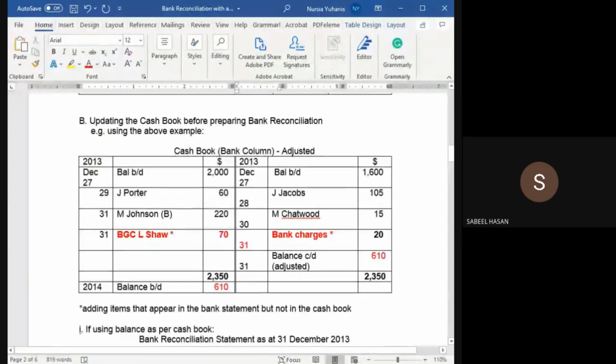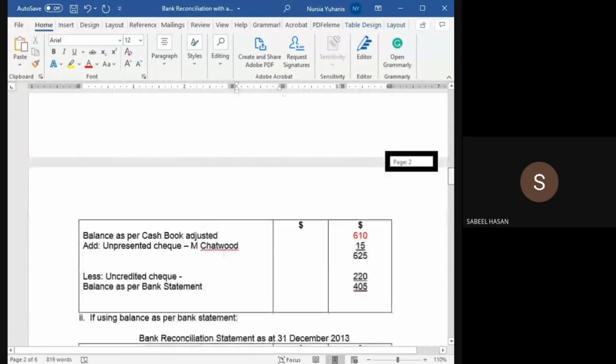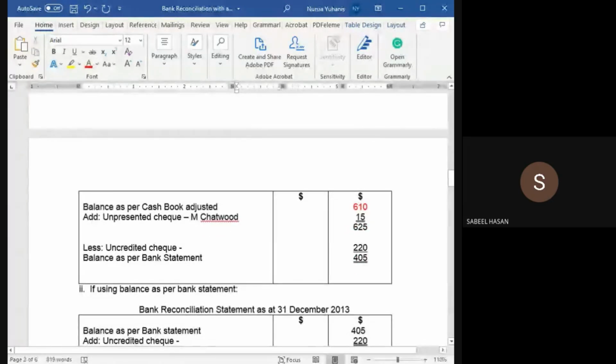So this is how it will look, the adjusted cash book. We call it the adjusted cash book, if you put the BGC and also the bank charges into your cash book. If you have put these two to become your adjusted cash book, meaning you prepare the cash book again, then you only put the add and less as the unpresented check and also the uncredited check.